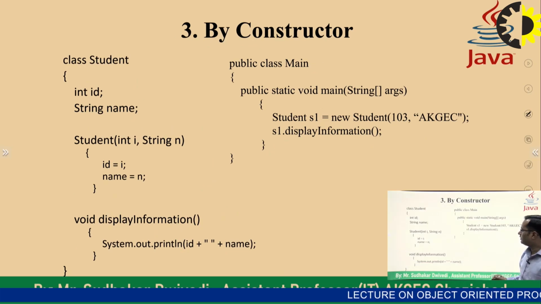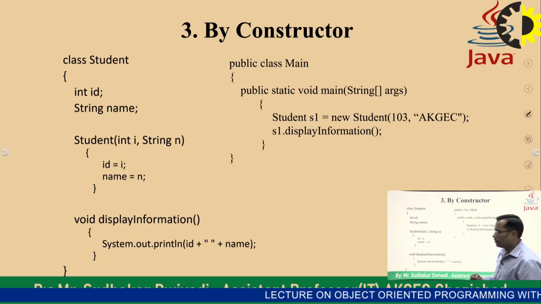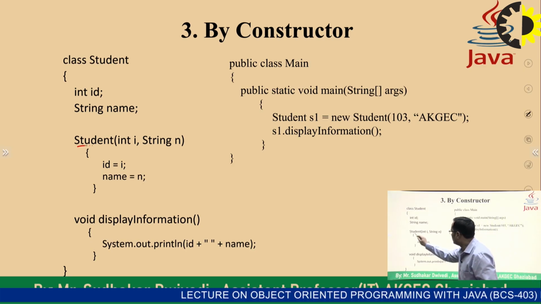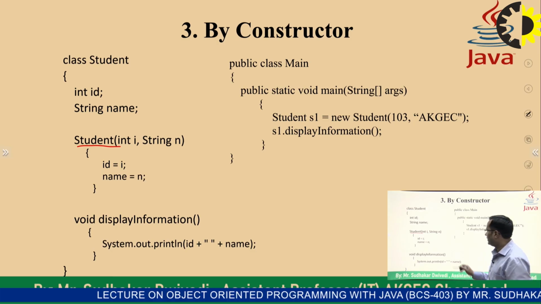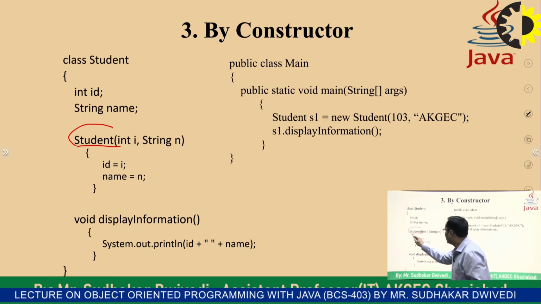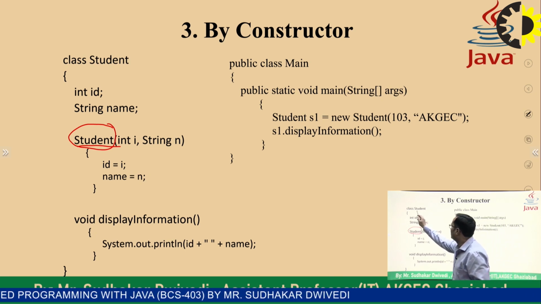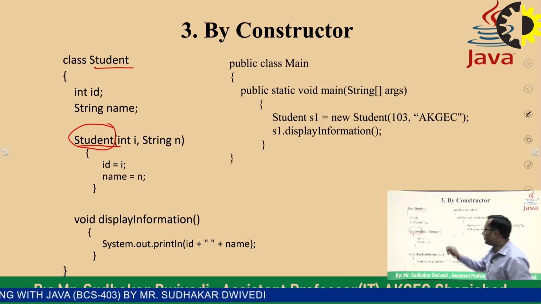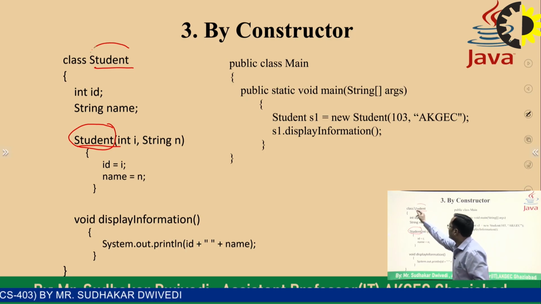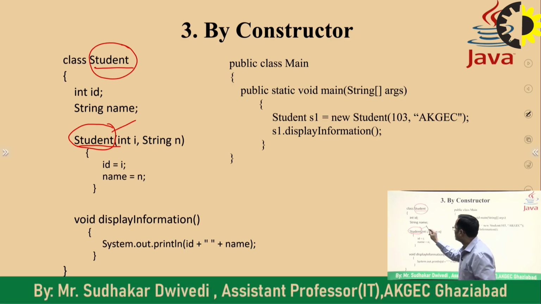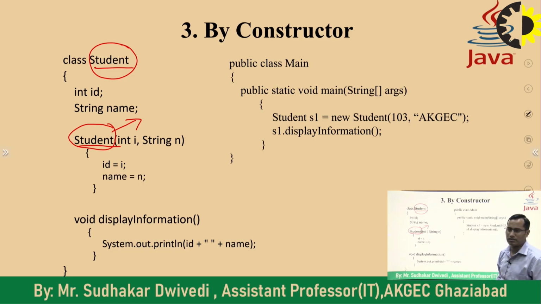Another way is the constructor. The method that we used in the previous example is now replaced by a special method name that has the same name as the class. This special method is known as the constructor.